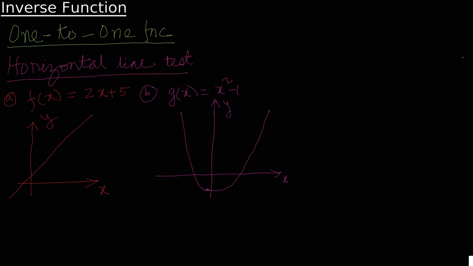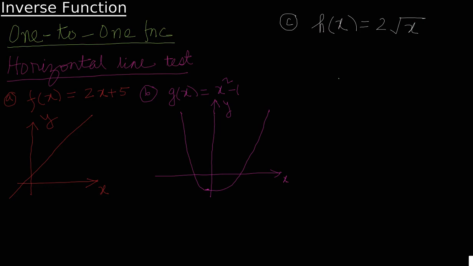All right, so now let's look at the third function, function c. Let's say I have another function h of x, and h of x is defined by 2 times the square root of x.